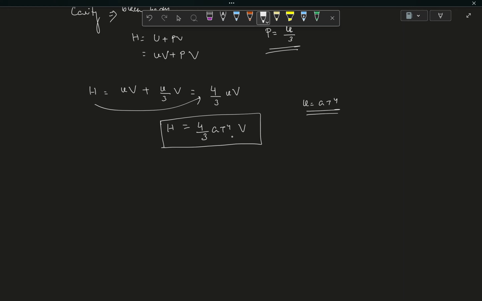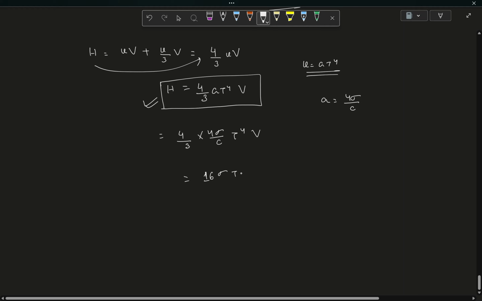So you have obtained directly that it is 4/3 A T to the power 4 times V. Now the A value we have to put here, because A is the integration constant, which is expressed as 4 sigma by C, where C is the velocity of light and sigma is the Stefan's constant. So this is 4 by 3 into 4 sigma by C into T to the power 4 into V. So this is just 16 sigma T to the power 4 into V by 3C, which is your H. Now you have the information about volume and everything.